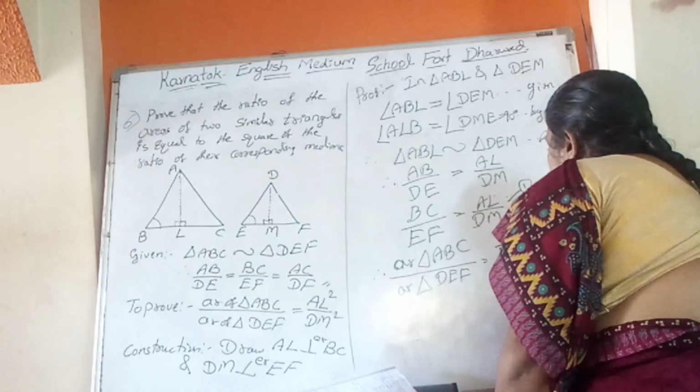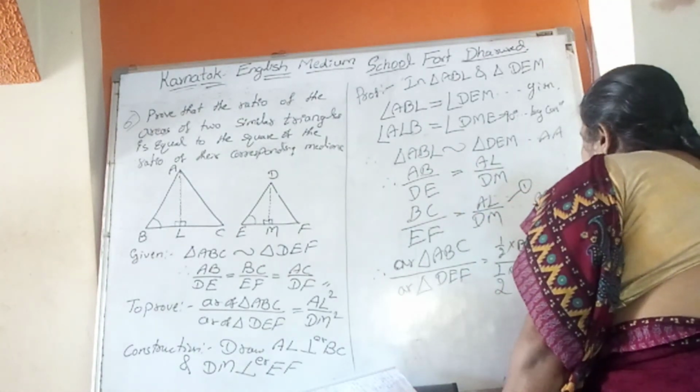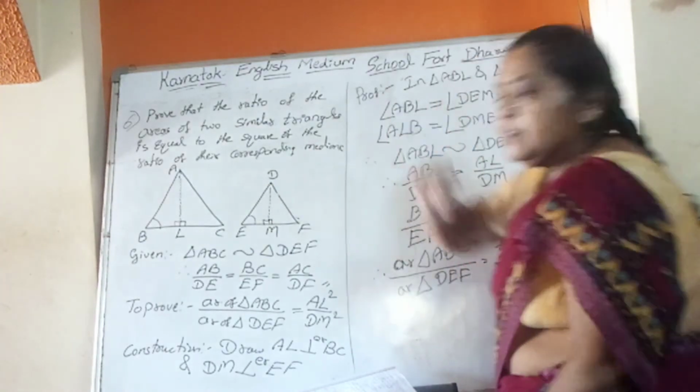Base is EF. Height is DM. This is base and this is height.